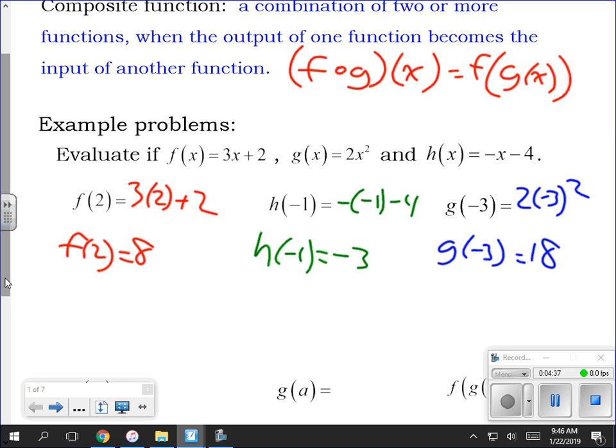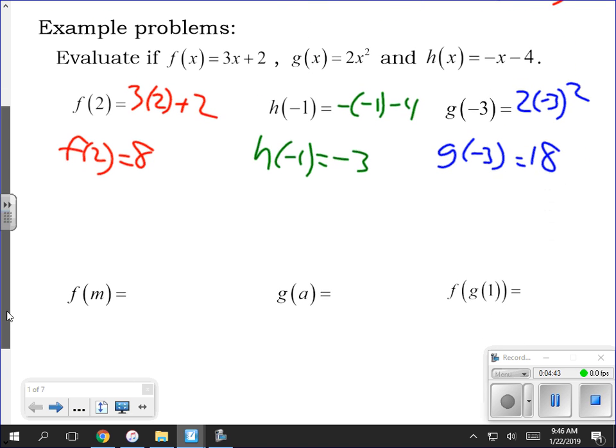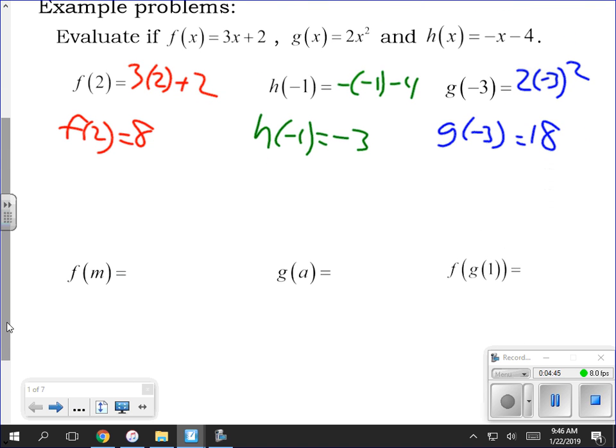That's what you do. When you evaluate, you just plug it in. And you can evaluate anything. You can plug anything you want into a function. f of m: if f of x is 2x plus 3, f of m is 2m plus 3.